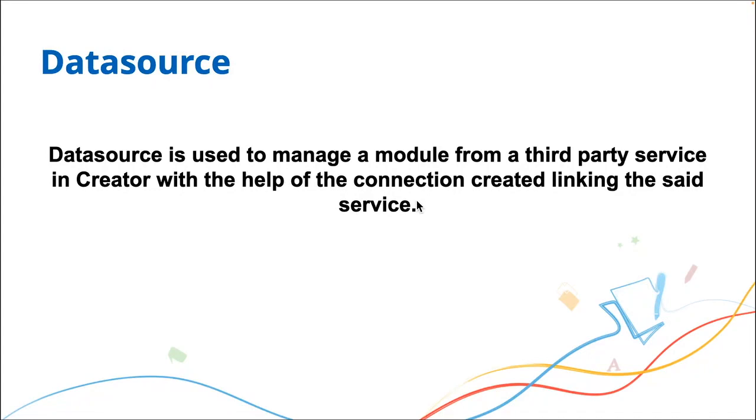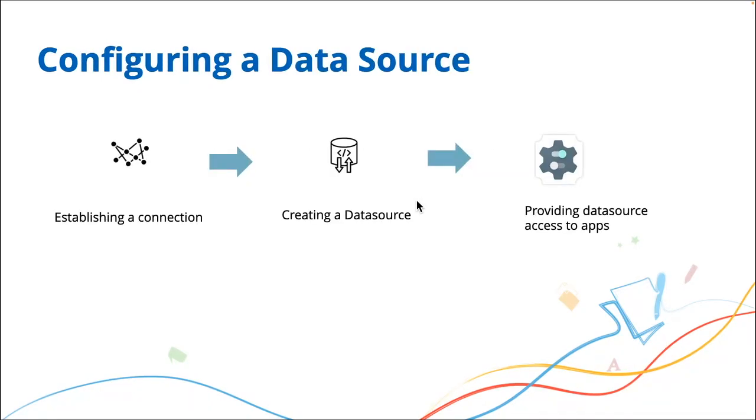That is ideally the data source. Here the data source is used to manage a specific module that we're trying to access from a third-party service, and we do that with the help of the connection that we've already established. To give you a better picture, the first thing is we establish a connection, and then we create a data source.